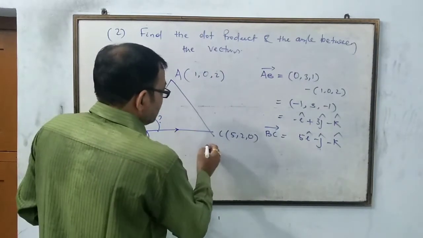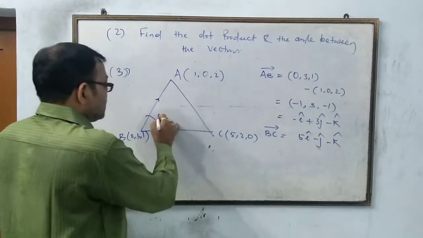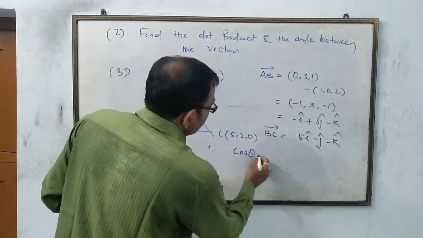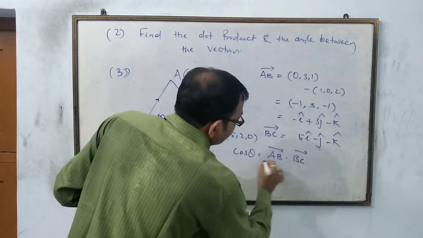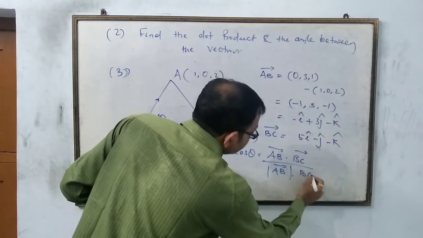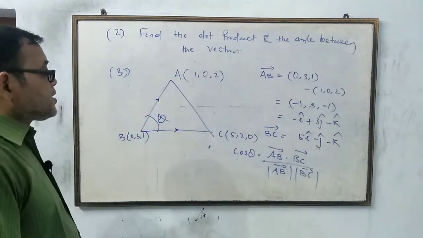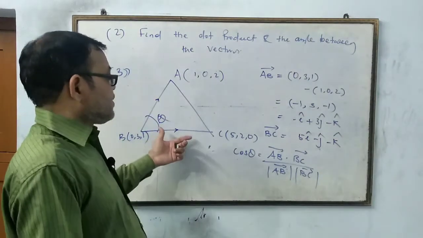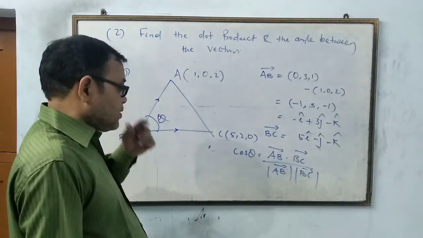Our question is angle ABC. If I say this is theta, then cos theta is equal to AB dot BC by magnitude of AB into magnitude of BC, because this is a vector and this is a vector, and the angle is included between these two vectors.